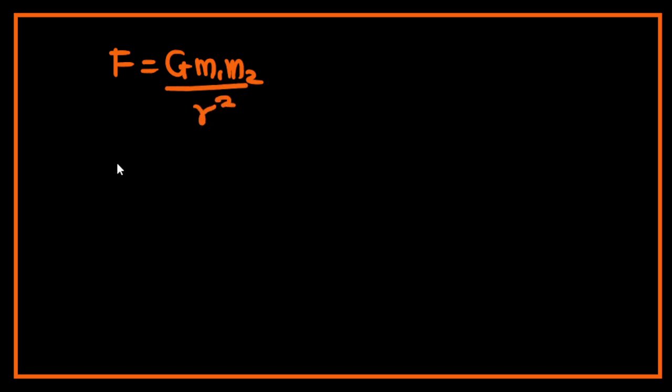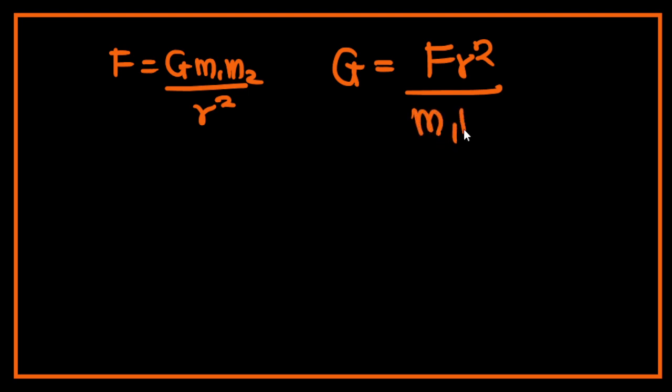That's using Newton's law of universal gravitation. Making G the subject is going to be F R squared over m1 m2, where F is a force, R is radius or distance, and m expressions there mean masses.